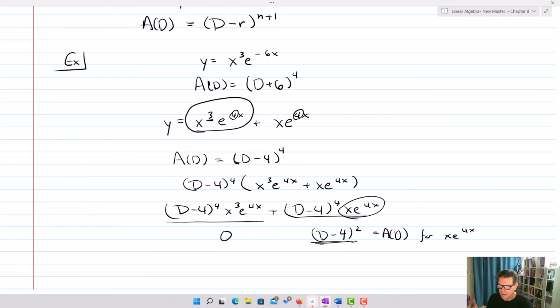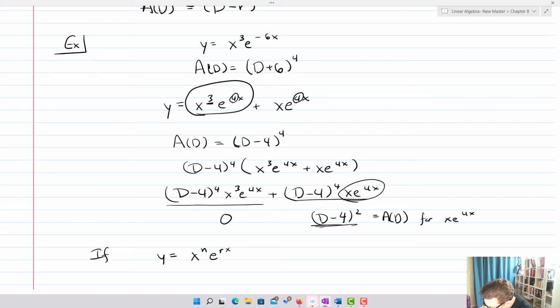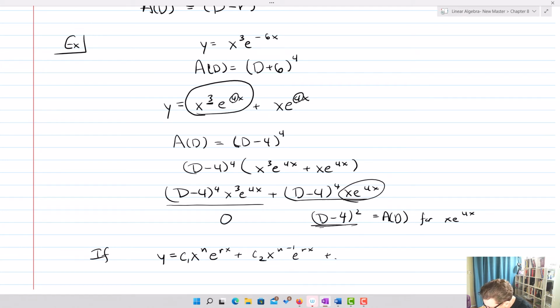Okay? So essentially, if we have y equal to x to the n e to the rx plus x to the n minus 1 e to the rx, and we'll add some scalars in here, so c1, c2, x to the n minus 1 e to the rx, plus all the way down to just cn e to the rx, our annihilator actually remains the same.